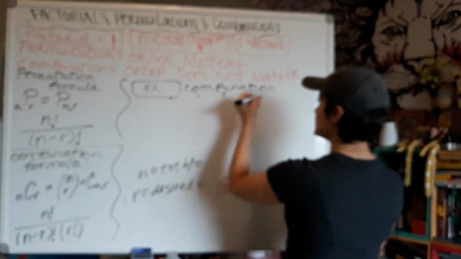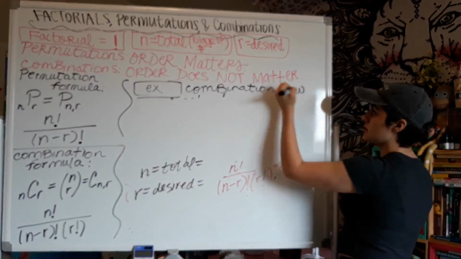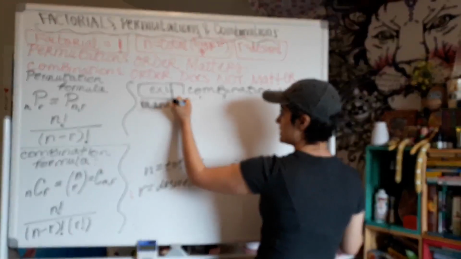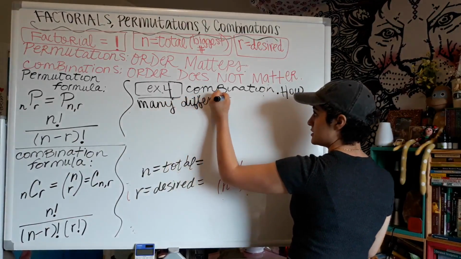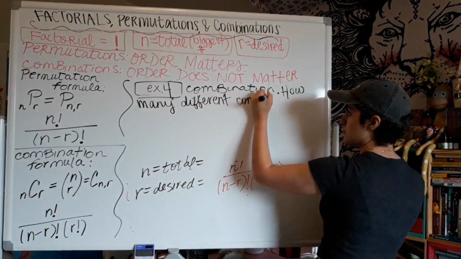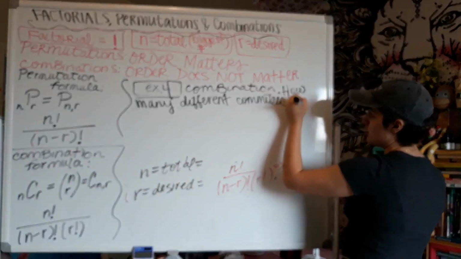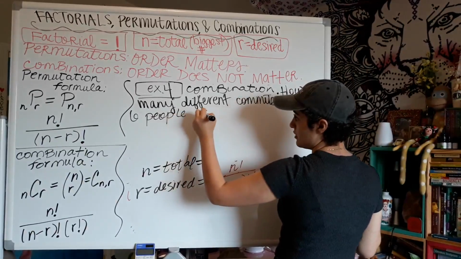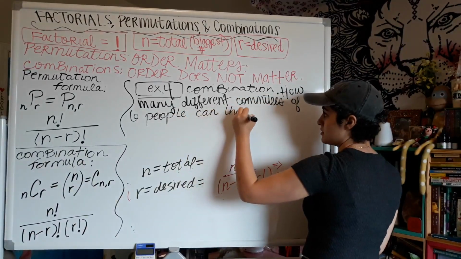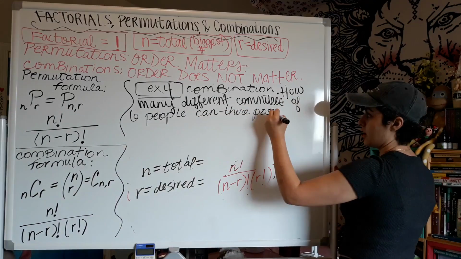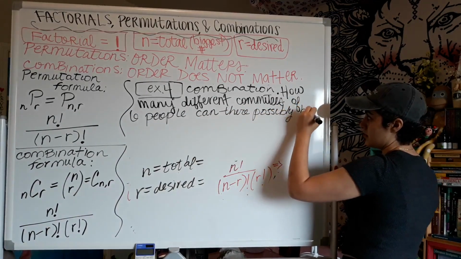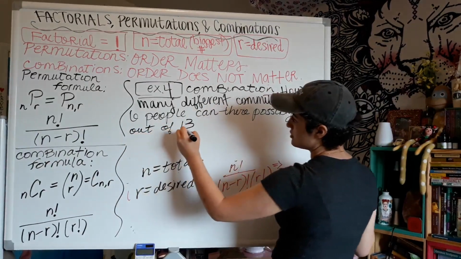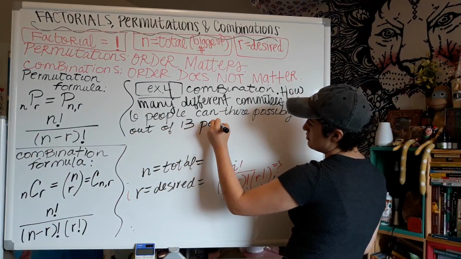This is example 4. How many different committees of 6 people can there possibly be out of 13 people?